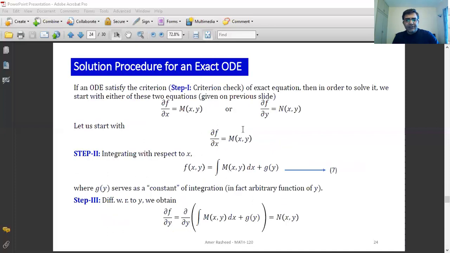Now we are going to discuss how to solve these kinds of differential equations. If we are sure that a given equation is exact, then we can proceed to solve these equations.